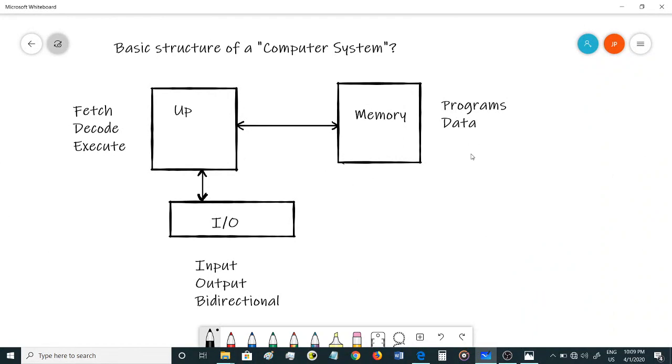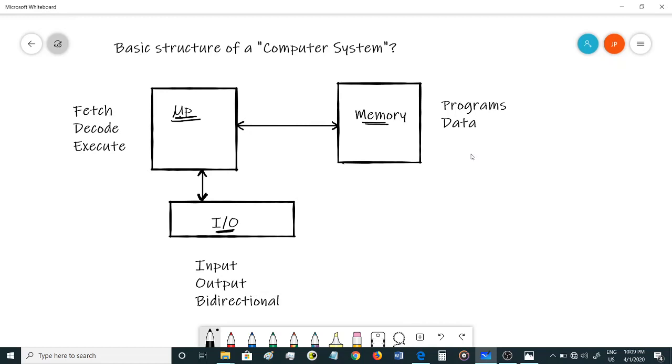Inside a computer system, we can broadly classify the entire system into three different parts: your microprocessor, your memory, and your IO, input output devices.